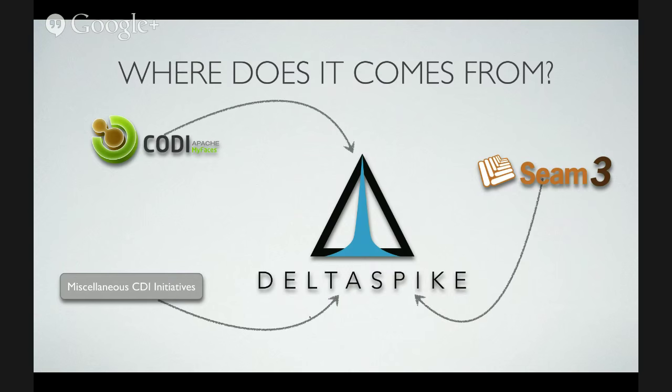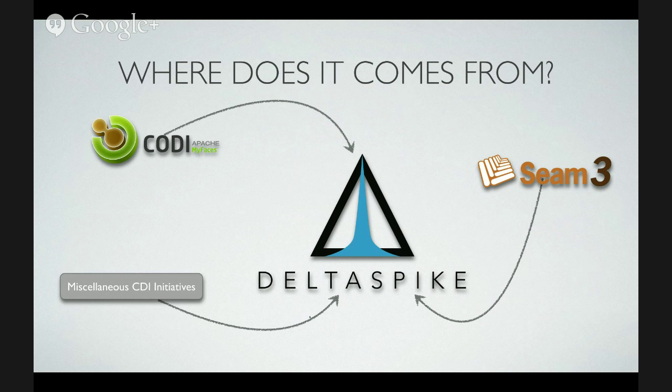DeltaSpike comes from two main projects. The first one is the JBoss Seam 3 project that started after the CDI specification was released, and that was a collection of CDI extensions like DeltaSpike.